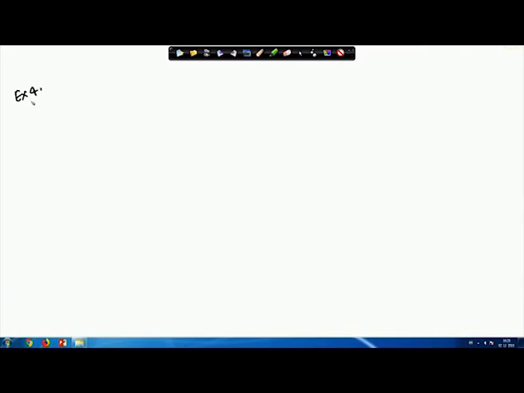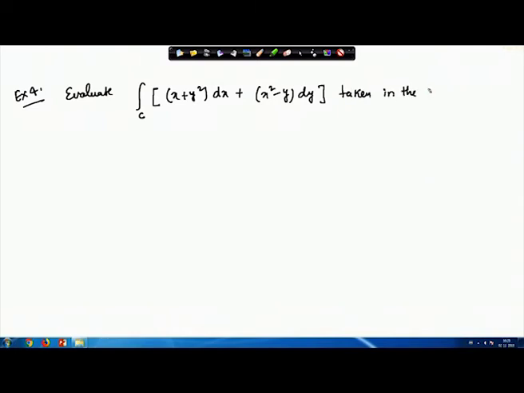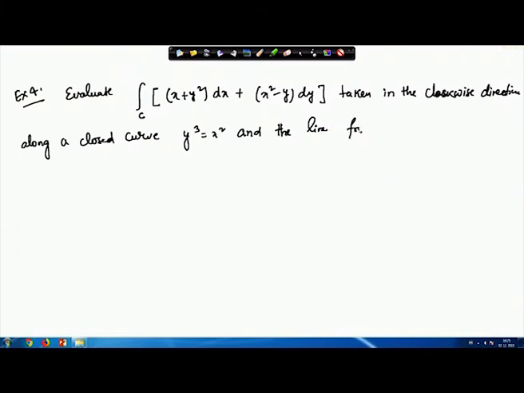So the fourth example is: evaluate the integral over the curve C of (x plus y square) dx plus (x square minus y) dy, taken in the clockwise direction along the closed curve y cube equals x square and the line from 0 0 to 1 1.